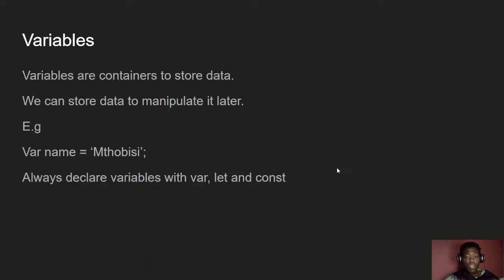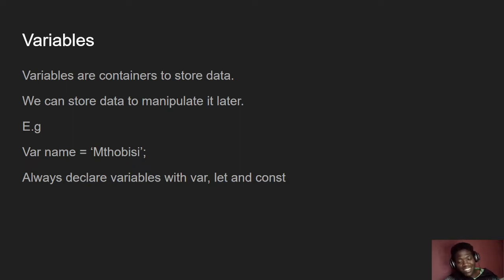So the first topic that we'll be discussing, I think, is variables. Variables are containers to store data. That's all. We can store literally any data that we want: strings, numbers, booleans. For example, I've got a variable called name, and I've assigned it with an equals operator, and then I've got the opening quote, and then I assigned my name, Mtobisi, and a closing quote.